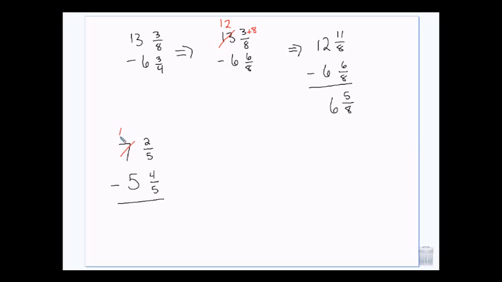So I'm going to borrow 1 from there, making that a 6, and I'm going to add 5 to that, which makes it a 7. So then I'll subtract: 7 minus 4 is 3, 6 minus 5 is 1. Okay?